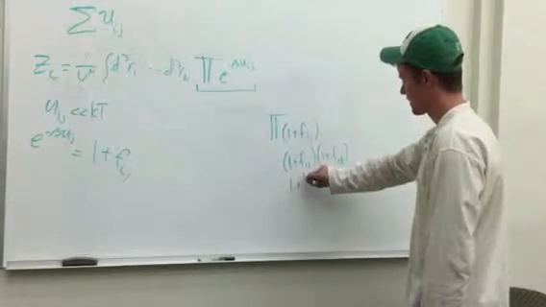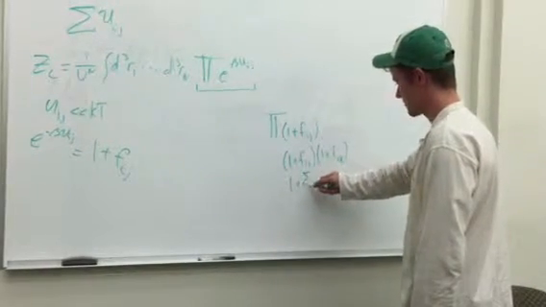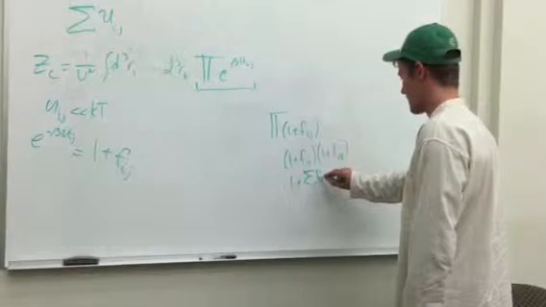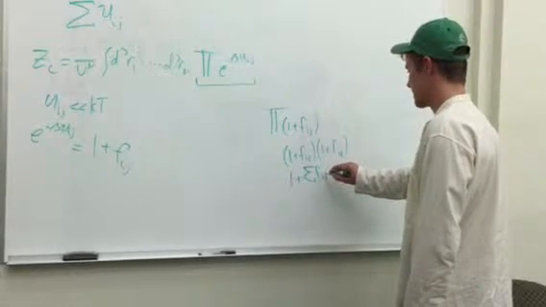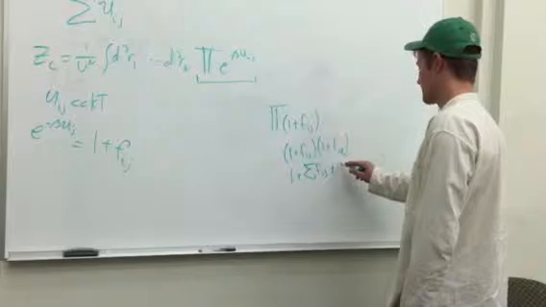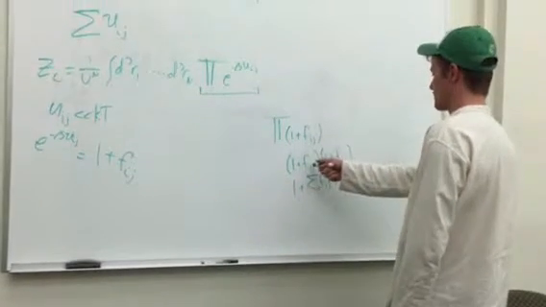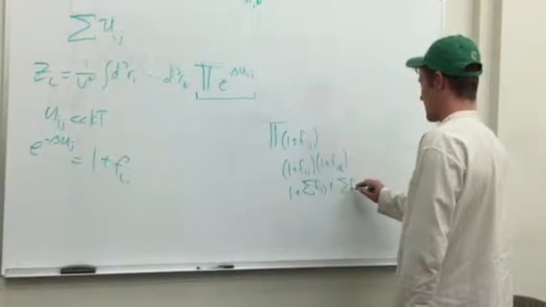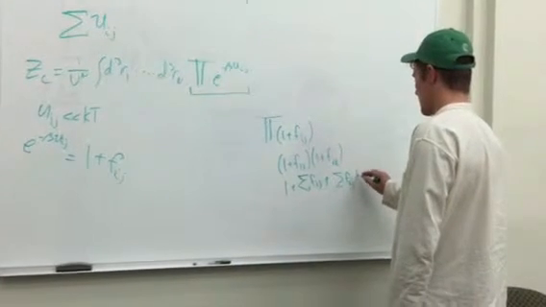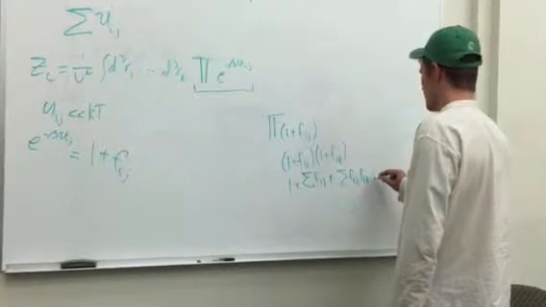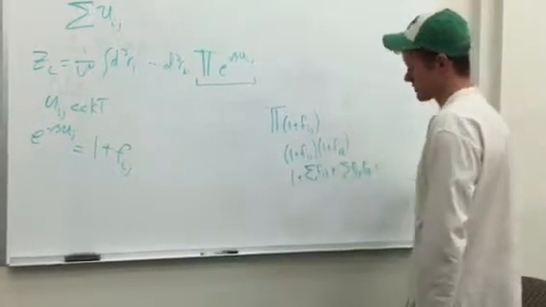So you're going to get the sum of just f i j, and then you're going to have another sum of things with 2 factors in them, so you get f i j f k l, plus dot dot dot, and then it just keeps going on.